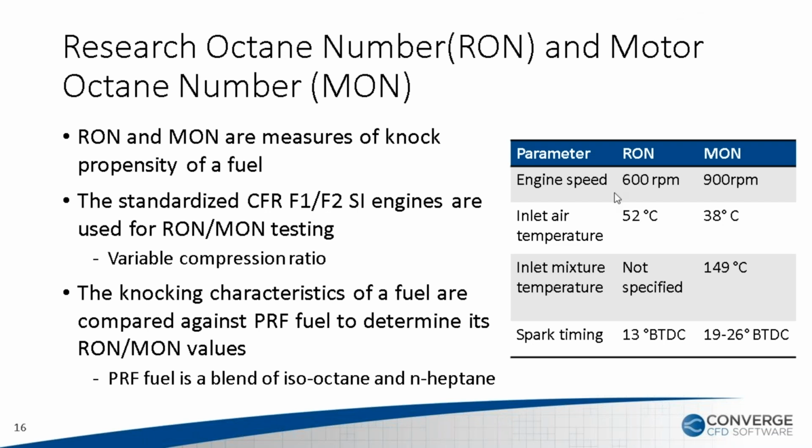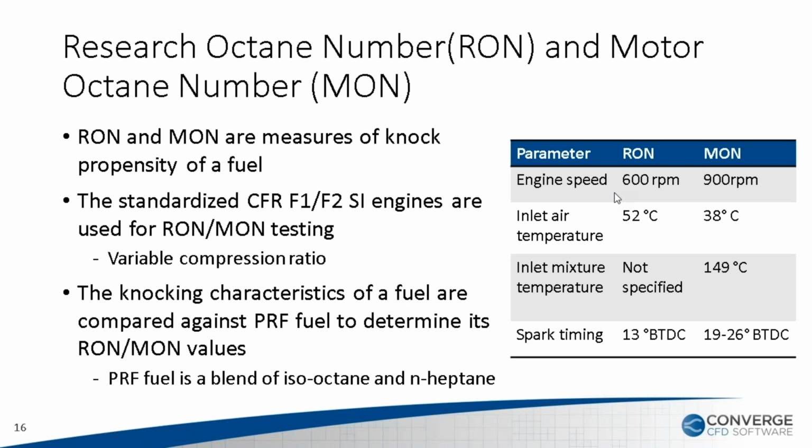On the left here, we have a table of the RON and MON engine parameters. RON is running at 600 RPM, MON is running at 900 RPM, and the inlet air temperature for RON is 52 Celsius, and MON is a bit lower at 38 Celsius. The mixture temperature is not specified for RON, but for MON it is specified at 149 Celsius.